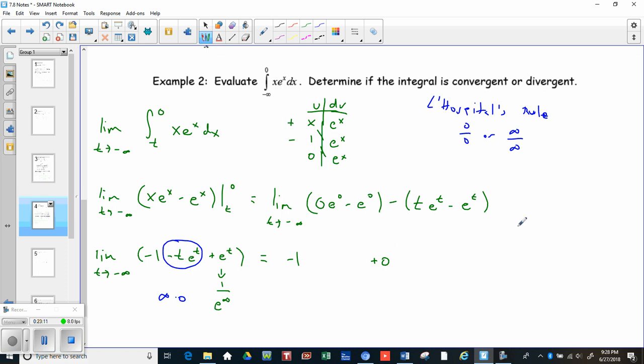So we have to rewrite this so that we can get it that way. So what we can do off to the side here is I can take t e to the t, and I'm going to rewrite it as t over e to the negative t. And I can do that because this negative exponent would bring the e to the t back up to the top. It would still be this function. So I'm just basically taking this and putting it to the bottom, but giving it a negative exponent.